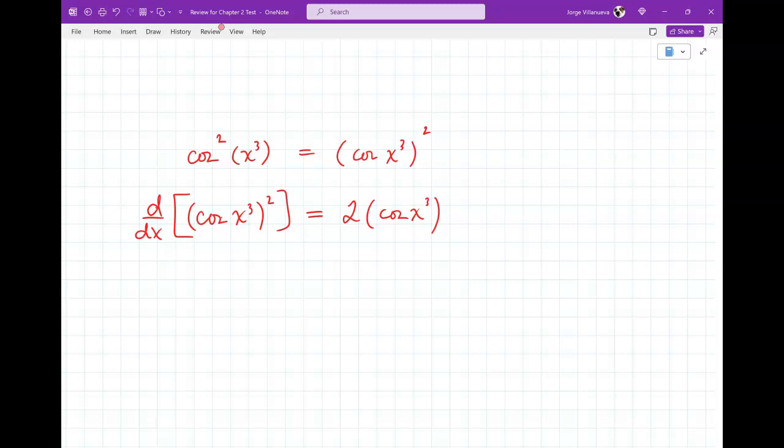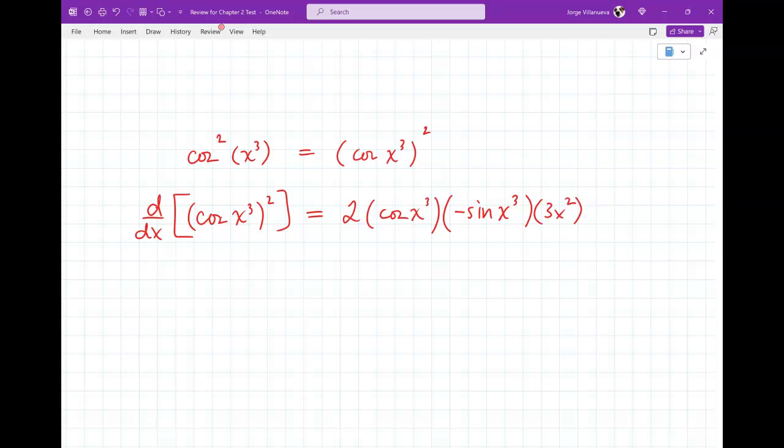And now move in. So what's next? Cosine. What's the derivative of cosine? Notice I didn't ask you about the angle. I just said the trig function, right? Now, what's inside of the trig function? X cubed. What's the derivative of that? That's how you do it in one step.